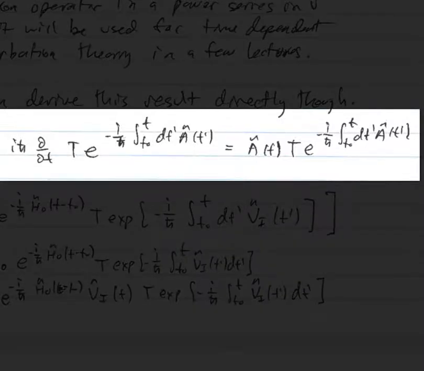Okay, so remember, for any operator that I put into a time-ordered exponential, i h bar d by dt of the time-ordered exponential of minus i over h bar integral from t0 to t dt prime A of t prime is equal to A of t times the time-ordered exponential e to the minus i over h bar integral from t0 to t dt prime A of t prime.